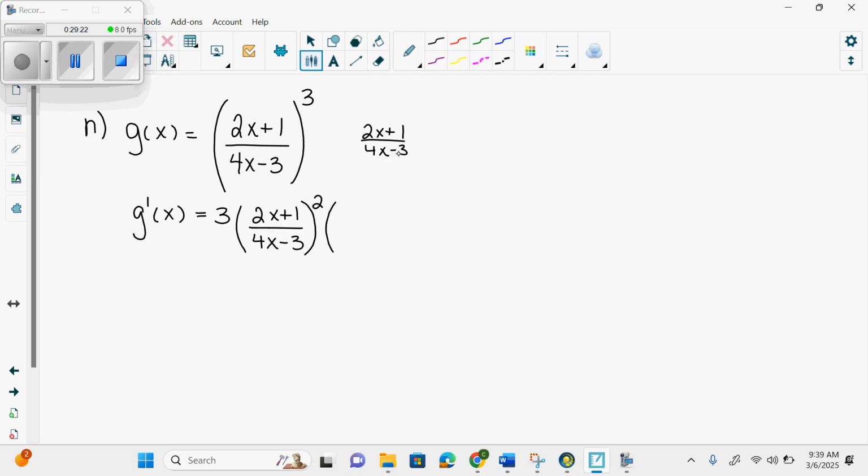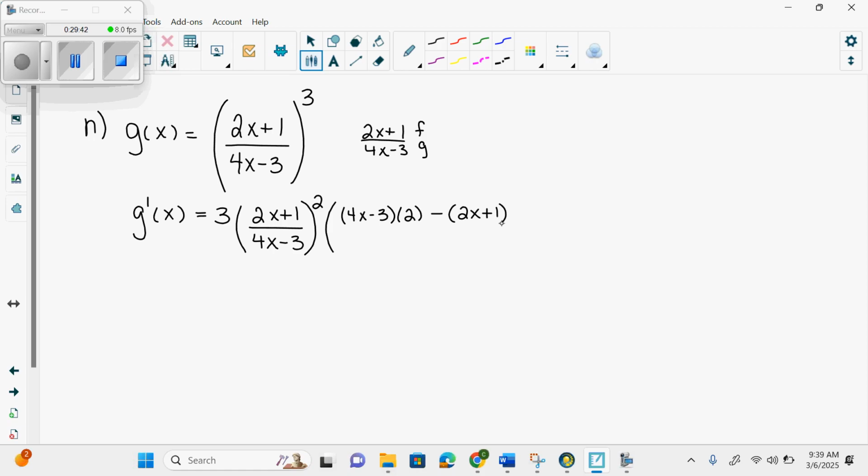Okay, so this is f, this is g. So I'm going to do g, which is 4x minus 3, times f prime. What's the derivative of f? 2. Minus f, what's f? 2x plus 1.